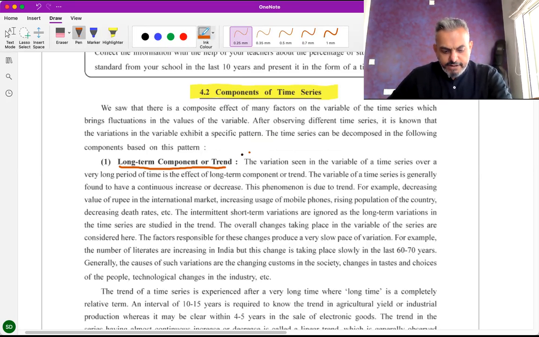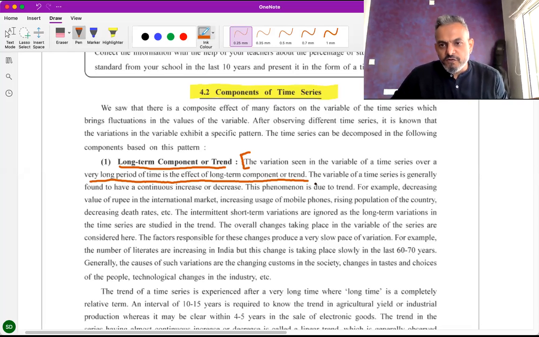Mark the first line: the variations seen in the variable of a time series over a very long period of time are the effect of the long-term component or trend.